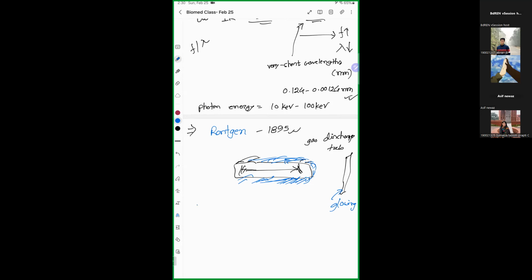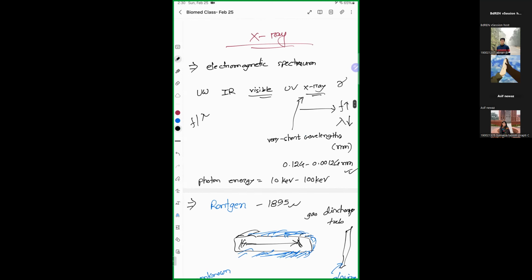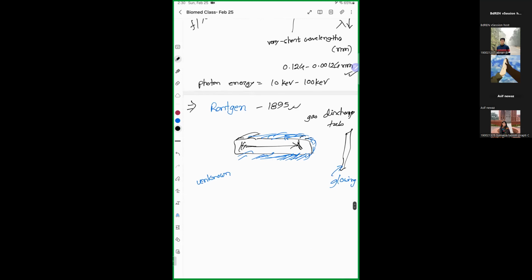It was unknown at the start. These things came after 1900, after Einstein talked about the photon and other things. So they didn't know what type of radiation it was. That's why they gave the name X-ray; the term X comes from there. They didn't know what kind of ray or radiation it was, so they termed it X-ray, and we still use the same terminology.